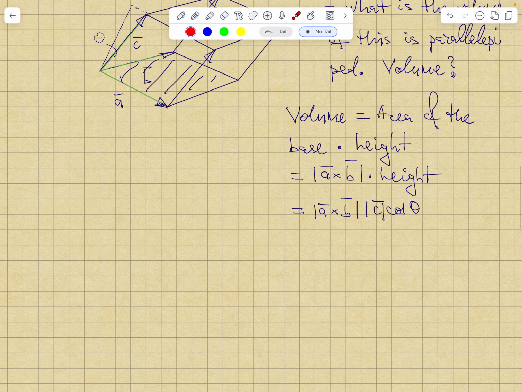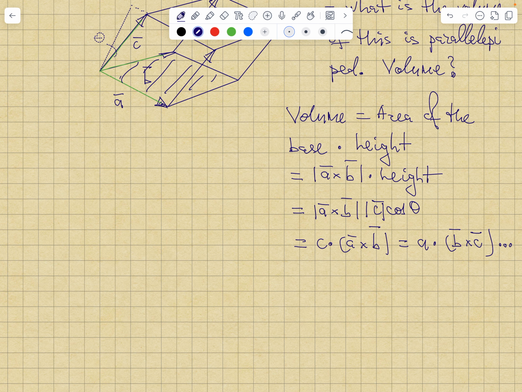And so that means that I can rewrite this just as C dot A cross B. And now, remembering the cyclic permutations that we discussed, I can also shift C, A, and B if I wish. So, for example, I can write this as A dot B cross C, etc.